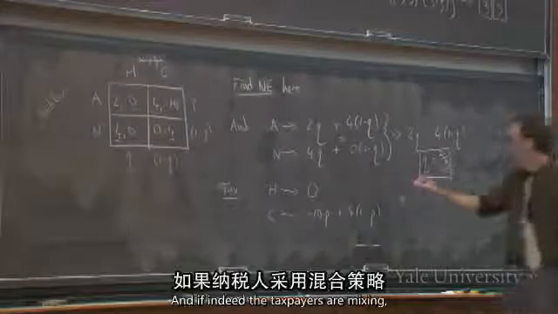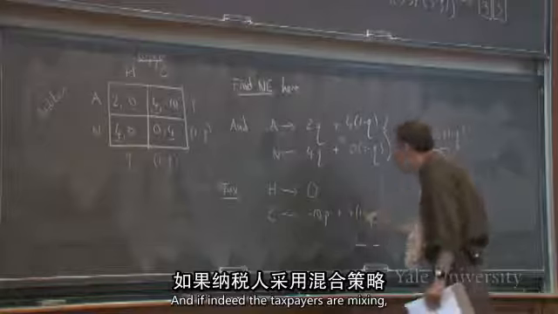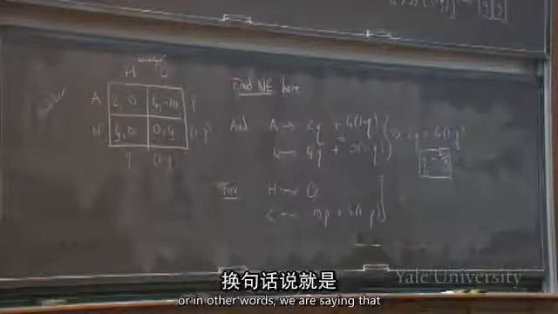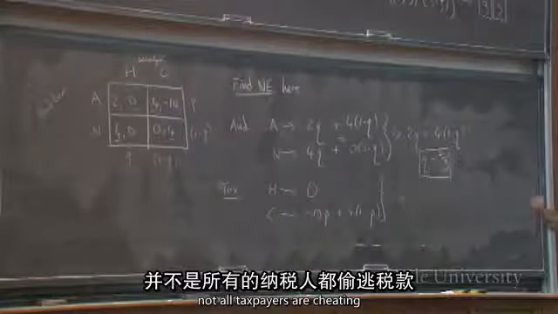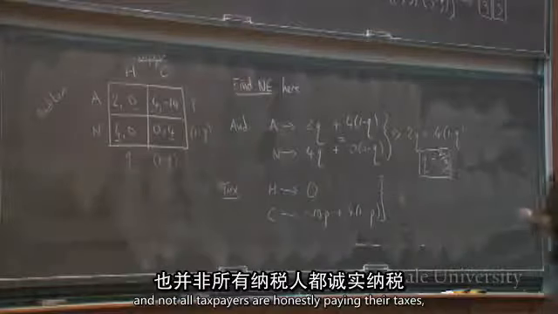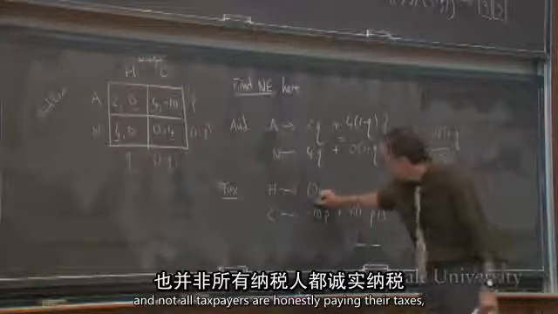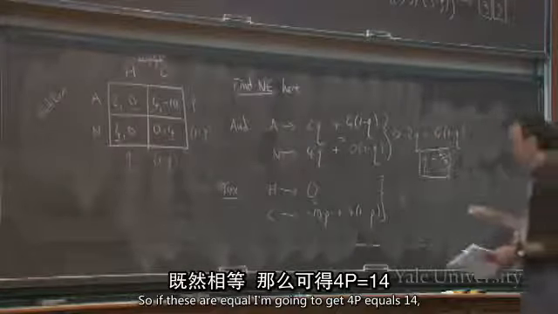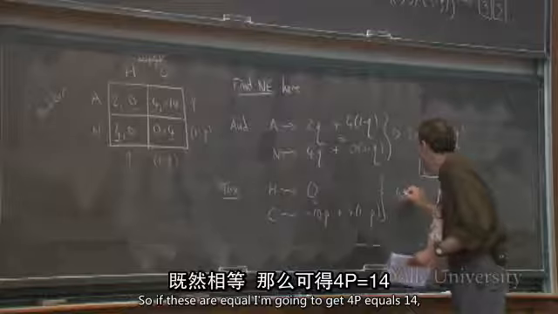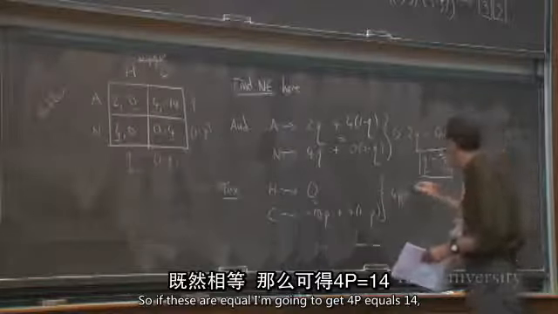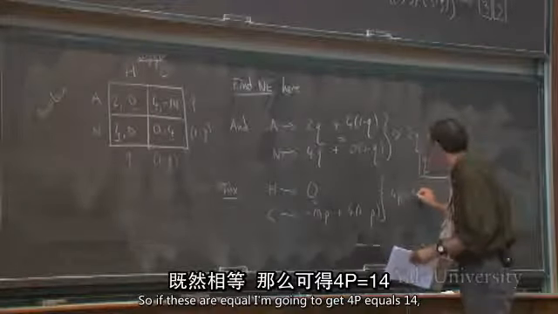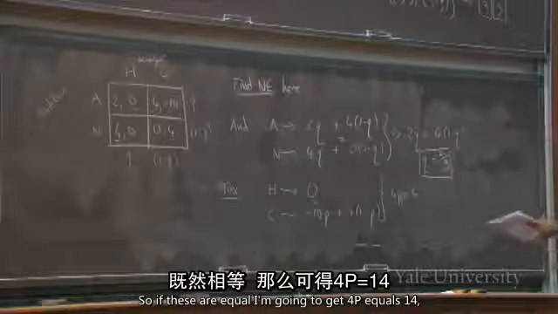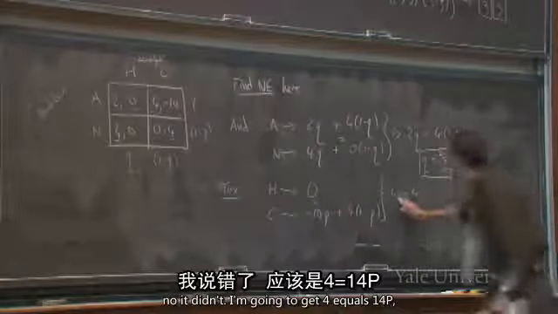All right? And if indeed the taxpayers are mixing, or in other words, not all taxpayers are cheating and not all taxpayers are honestly paying their taxes, then these must be equal. So if these are equal, I'm going to get 4 equals 14P.